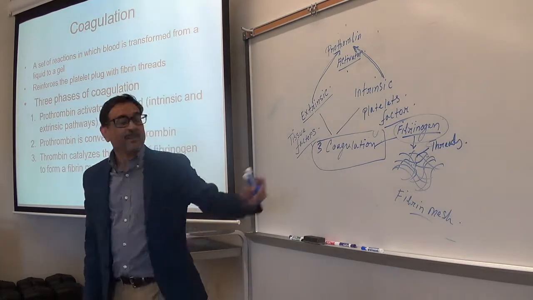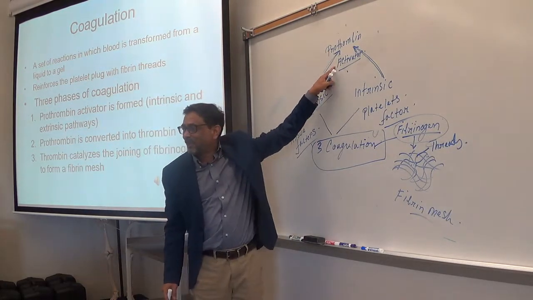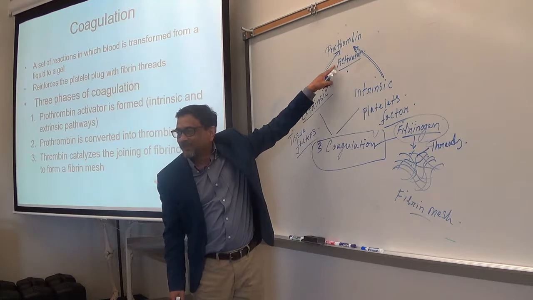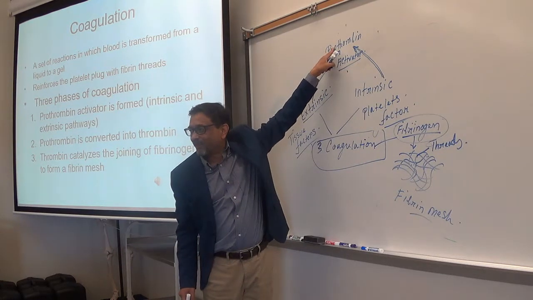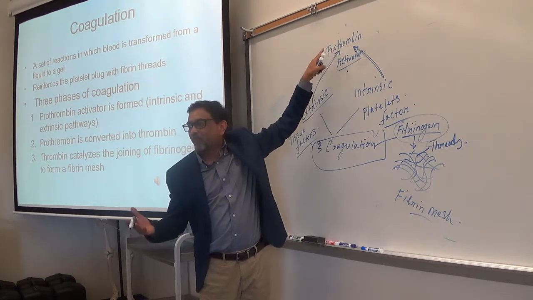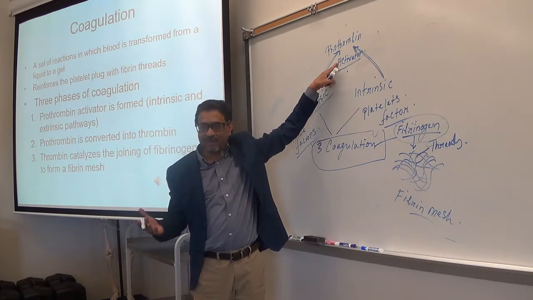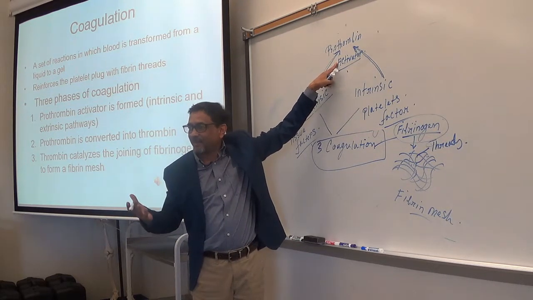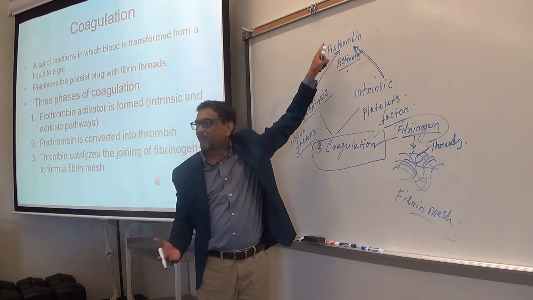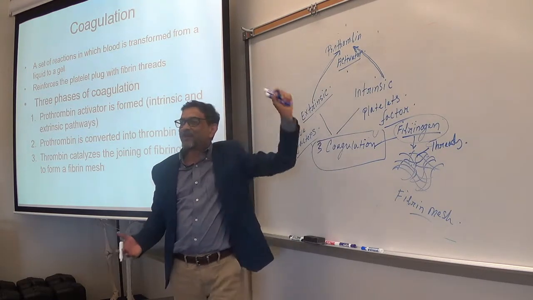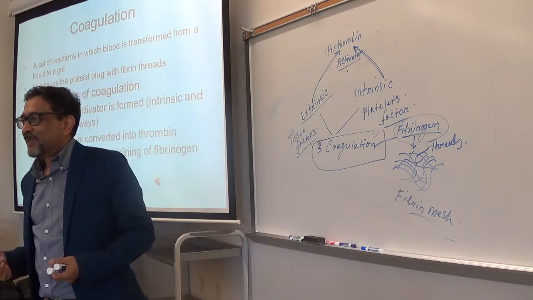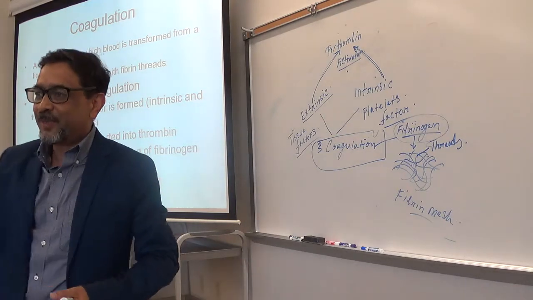So tell me, prothrombin activator will activate what? The prothrombin. That's why it is called prothrombin activator. Make sense? That means it activates prothrombin. That means prothrombin is inactive, right? It should be activated.